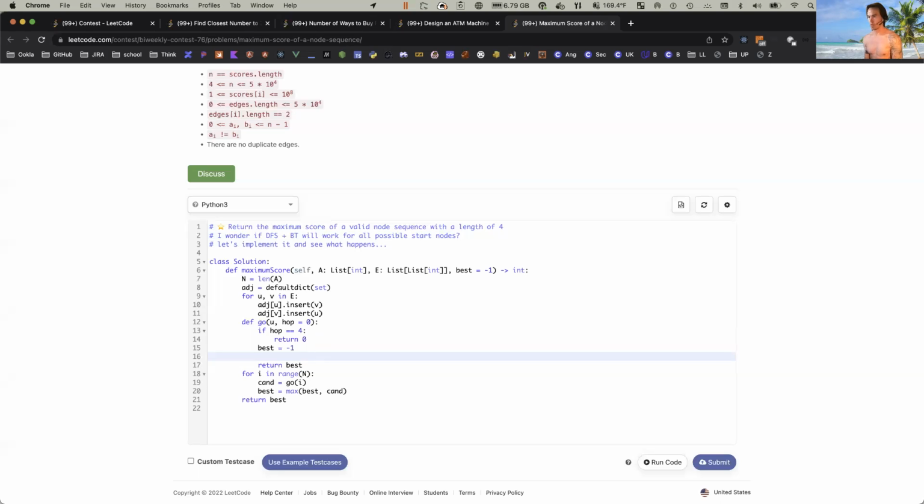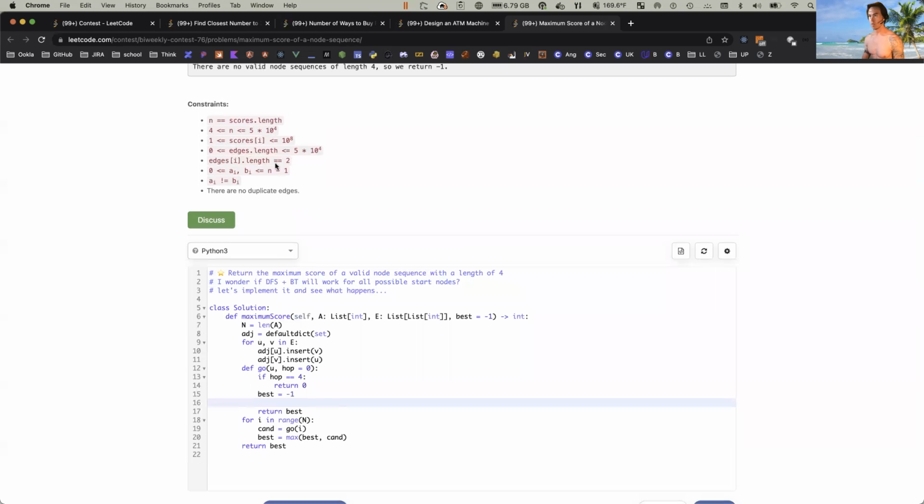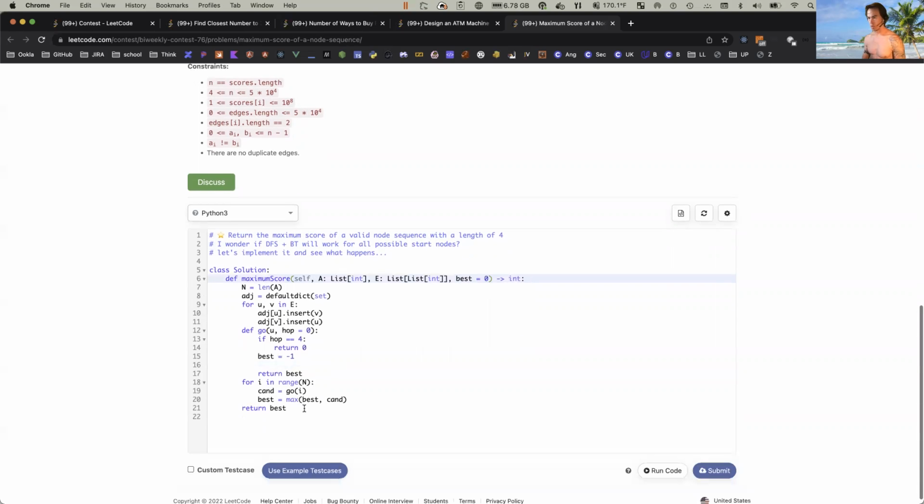Within 4 hops. Best to be 0, if best exceeds 0, else -1. Best candidate.